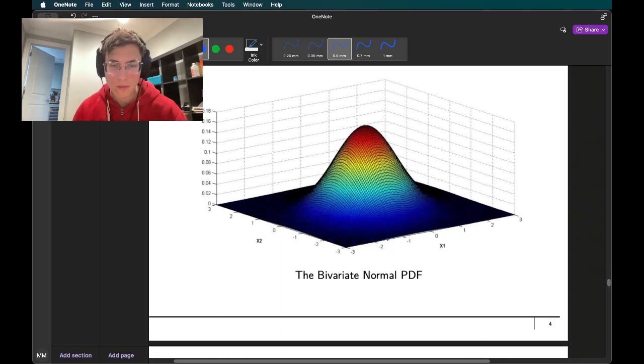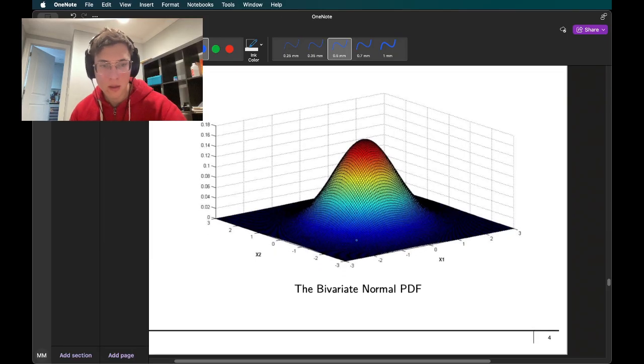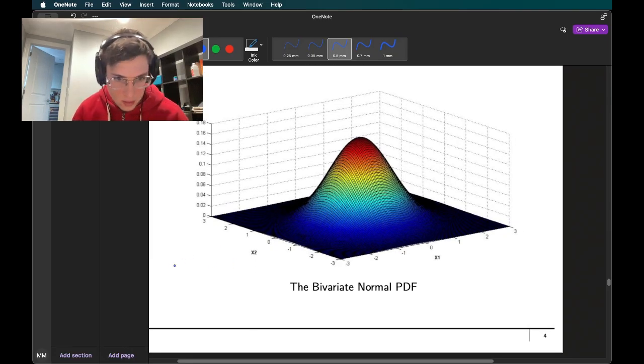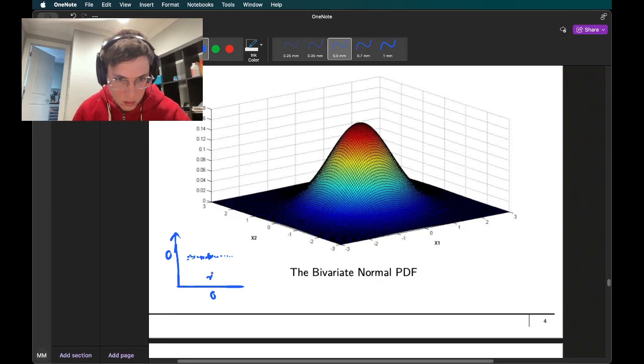Okay, so this is a graph that he showed of a bivariate normal PDF. So I wanted to look up what an uncorrelated and a correlated normal distribution look like. Here, if it's uncorrelated, there's going to be a lot more points here, and then fewer points here. Since it's uncorrelated, it's basically just going to be a circle with the most points in the middle.